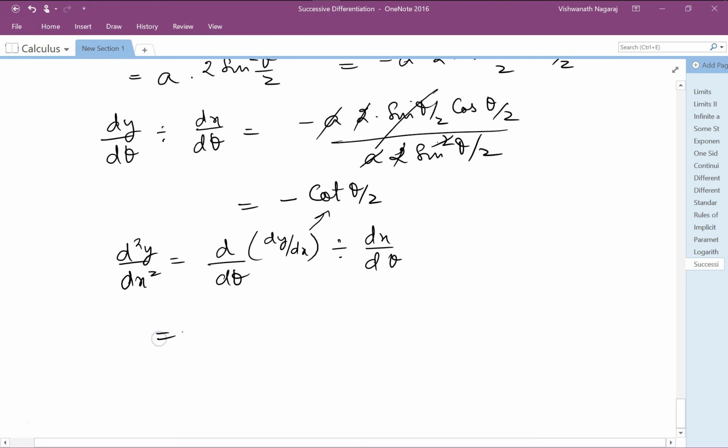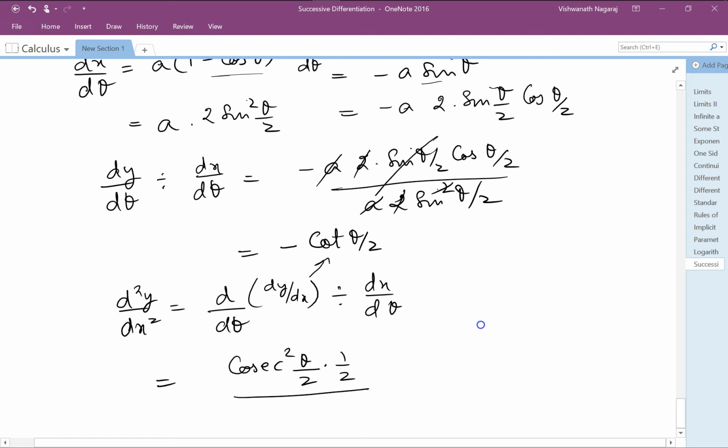So let's do that. Minus cot theta by 2, if we differentiate it, we get cosec square theta by 2 times, and then theta by 2 has to be differentiated, so 1 by 2, divided by dx by d theta.